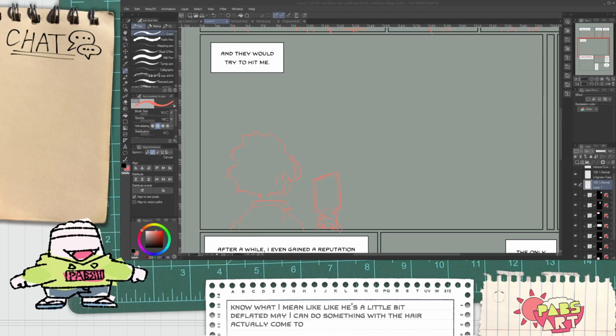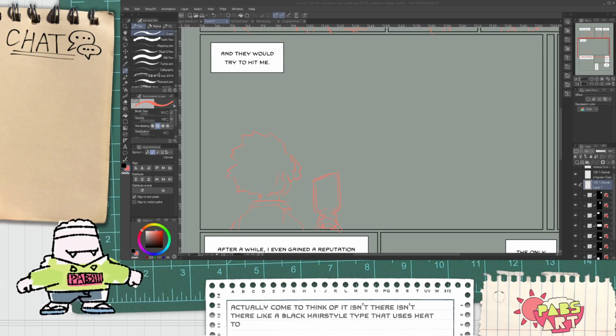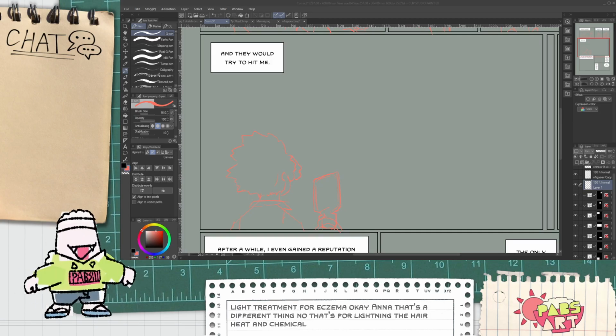Actually, come to think of it, isn't there a black hairstyle type that uses heat to do something to the hair? Hang on. Light treatment. Hang on, light treatment for eczema. Okay, yeah, no, that's a different thing. No, that's for lightening the hair. Heat and chemical damage to afro hair.